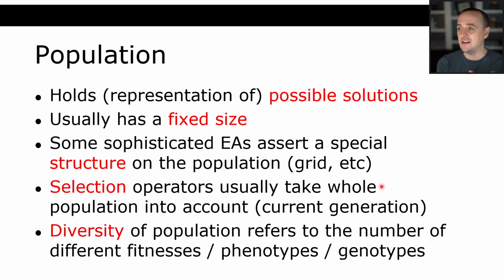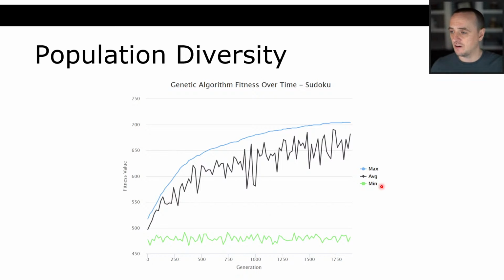Typically we do want a diverse population. What do I mean by a diverse population? Here is a graph that you are going to see in assignment 4. On the x-axis is the generation number, so that's how long our EA is running for. On the y-axis is the current fitness value for our population.